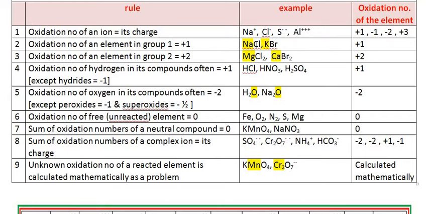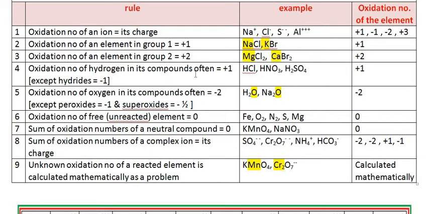Here sodium reacted with chlorine: the oxidation number of sodium is plus 1, while Cl is minus 1. The oxidation number of an element in group 2 is plus 2, for example Mg reacted with chlorine, and calcium, plus 2.